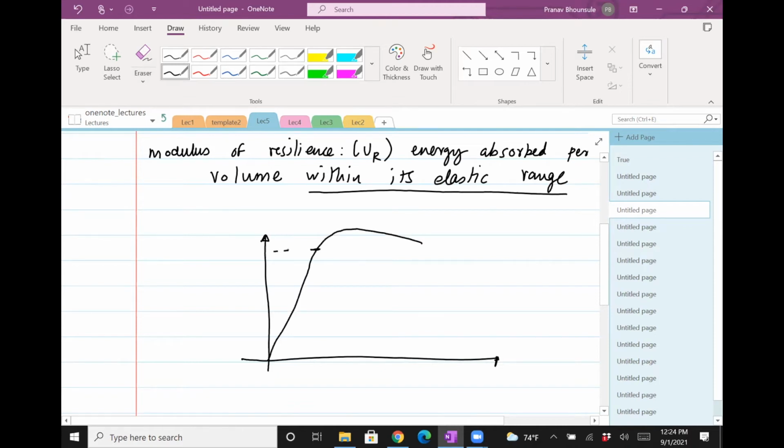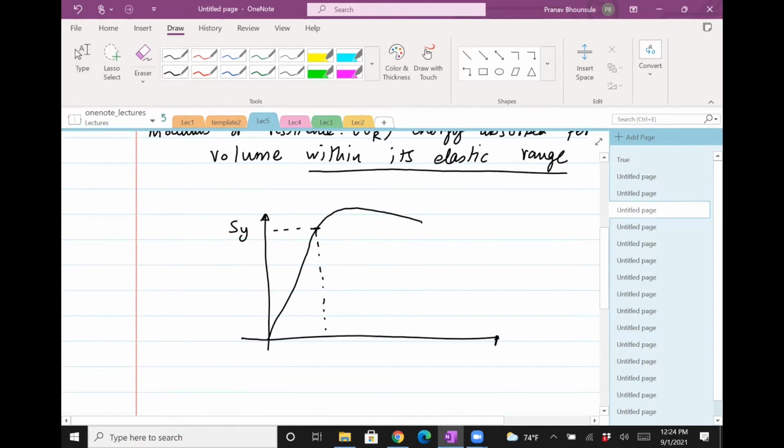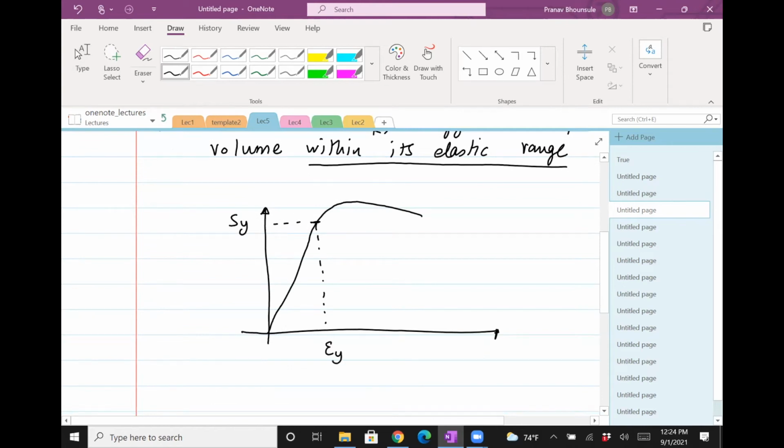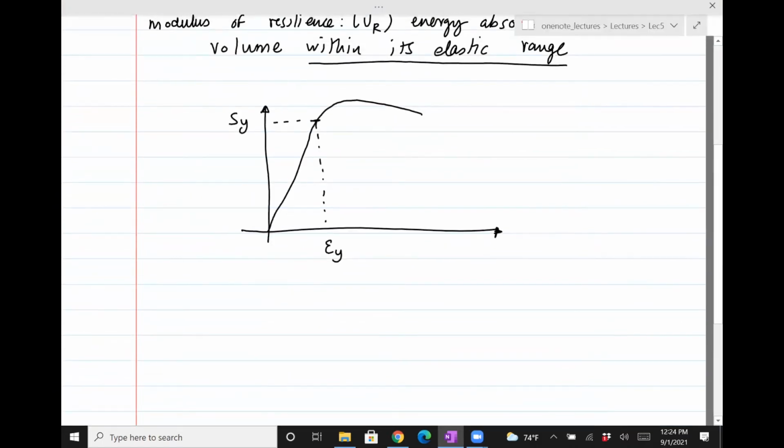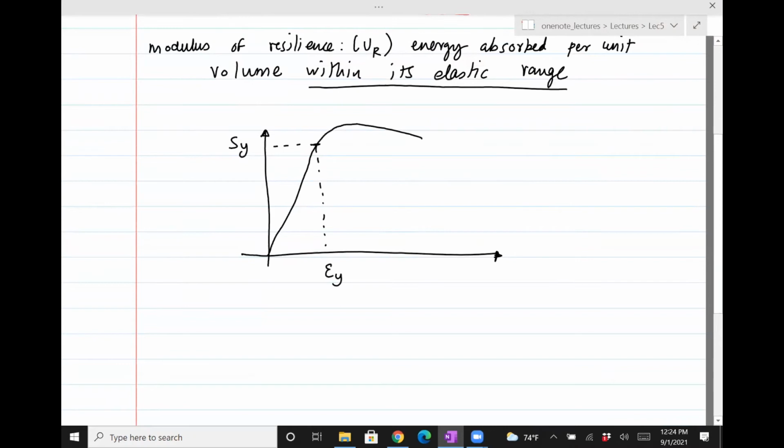So let's say that's the yield point. And there's a strain at this yield point. Let's call it epsilon y. So what we want to do here is find the energy. The units of energy are, well, it's half mv squared, mgh.